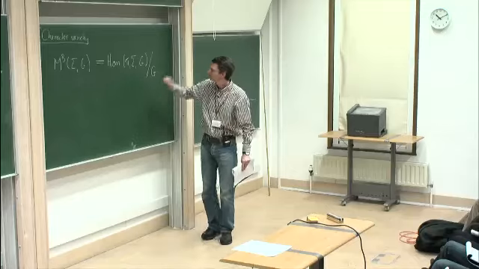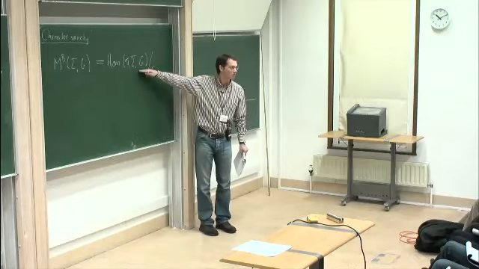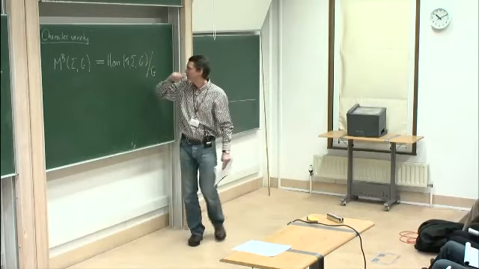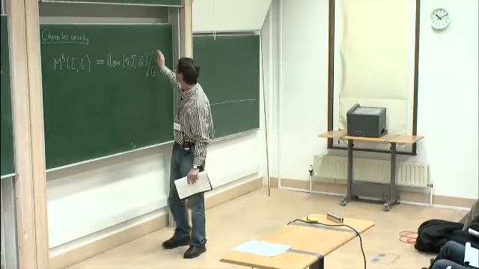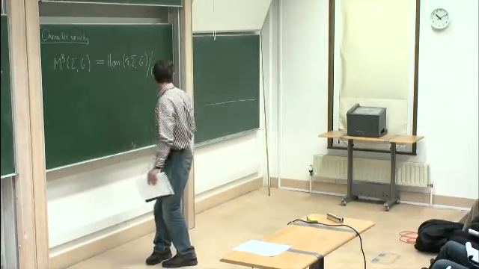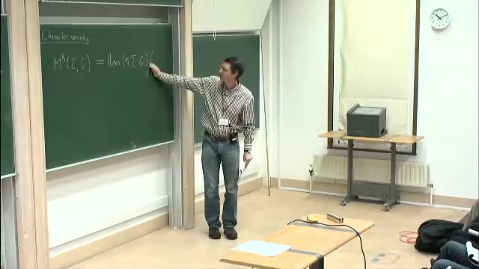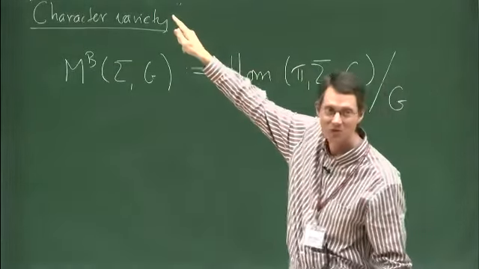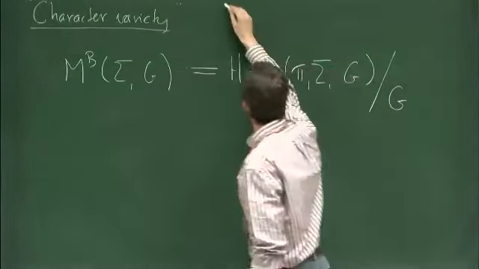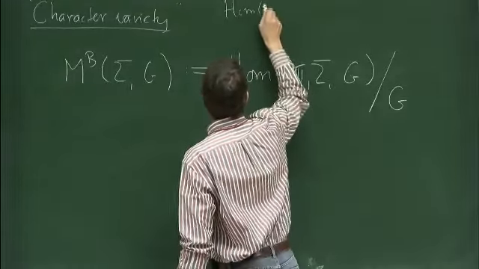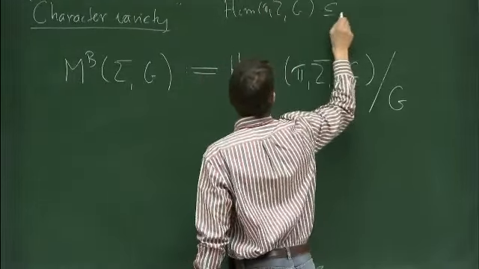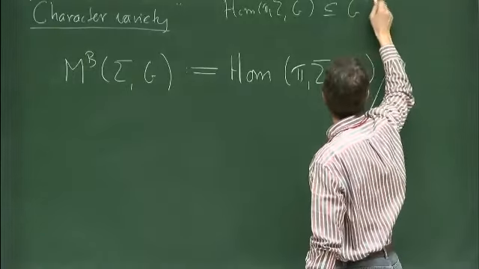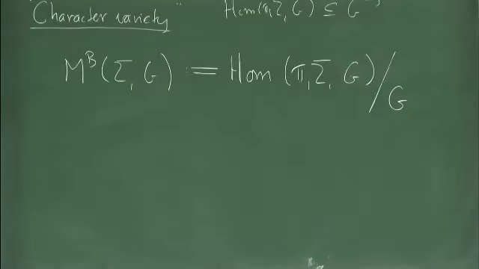So what kind of structure should this have? If G is, for instance, an algebraic group, well, at any rate, for the moment, before we divide out here, just notice that a homomorphism is just saying where those 2g generators go. So this space of homomorphisms can actually, at least if we choose generators of the fundamental group, be embedded into this Cartesian product of G by itself 2g times.